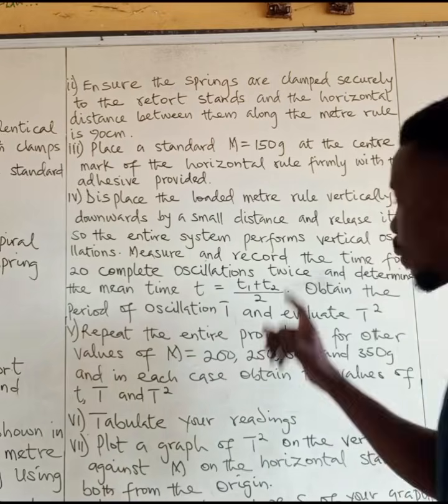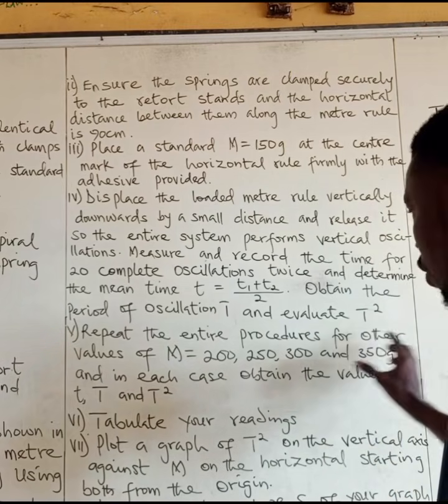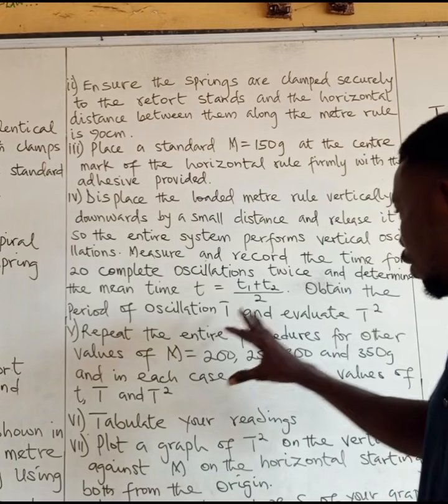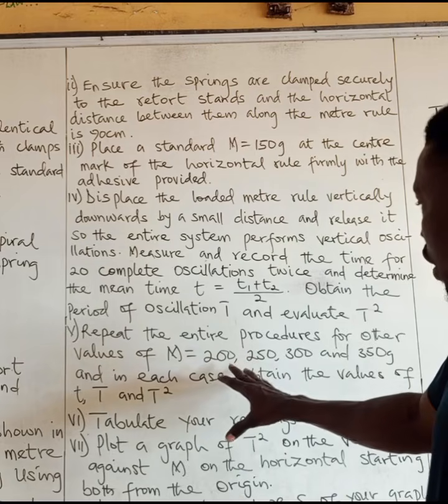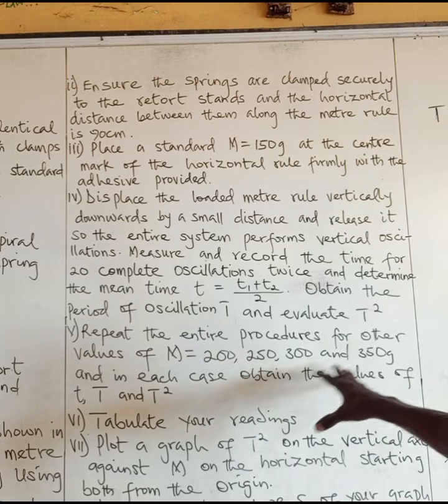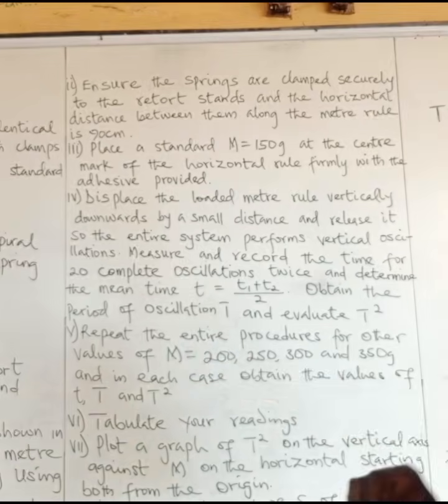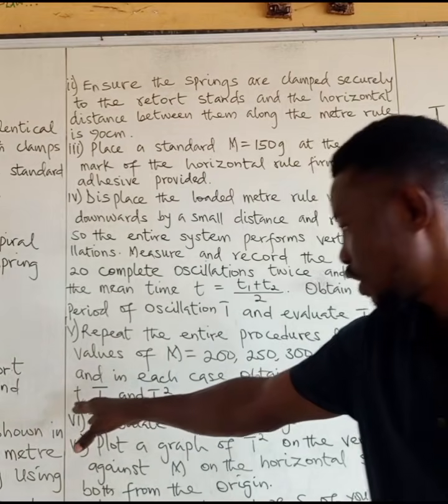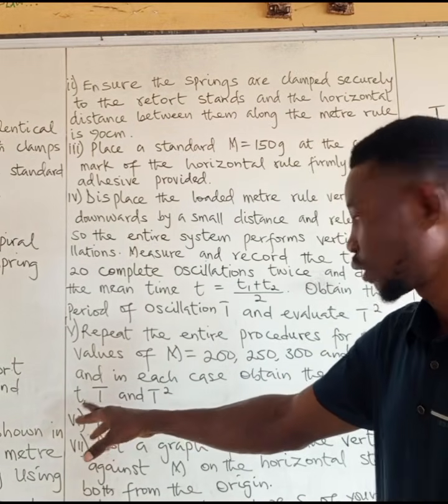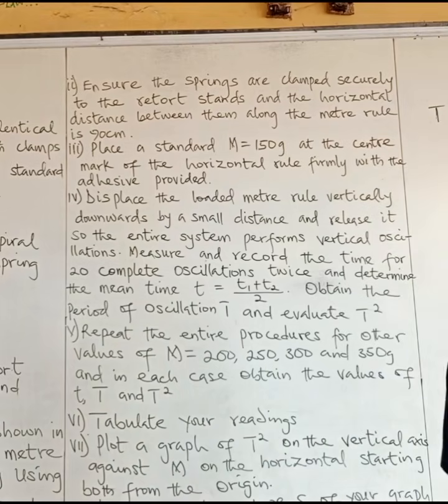Now you repeat the entire procedure for other values of m equal to 200, 250, 300, and 350 grams. And in each case, you obtain the values of T, the period, and the square of the period.